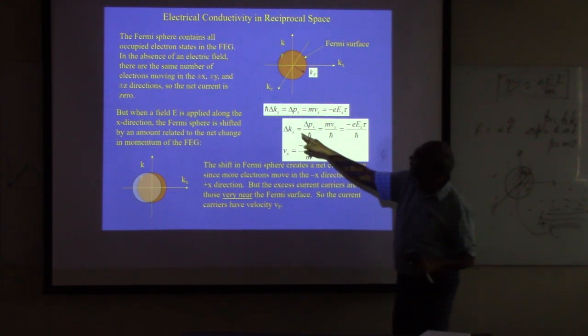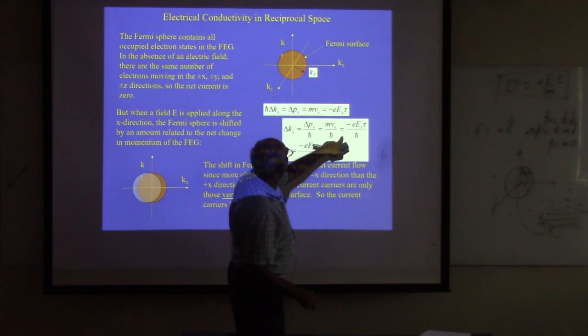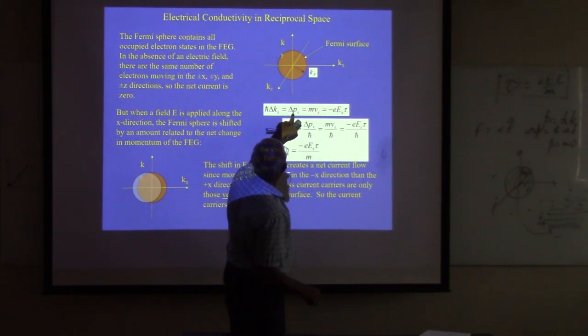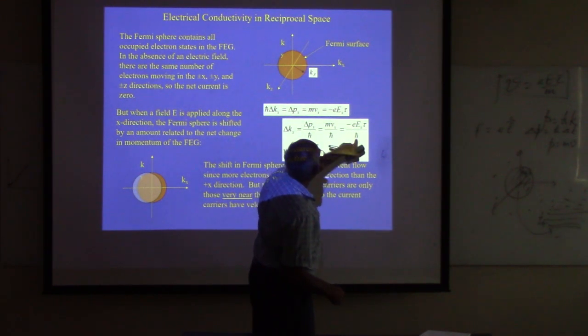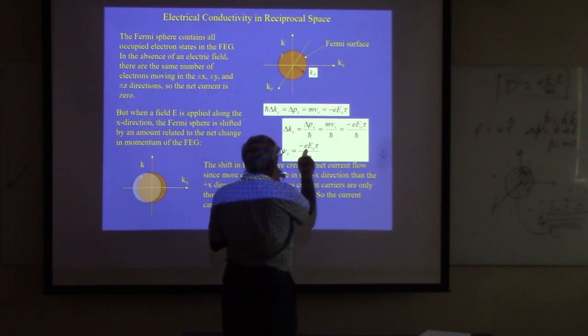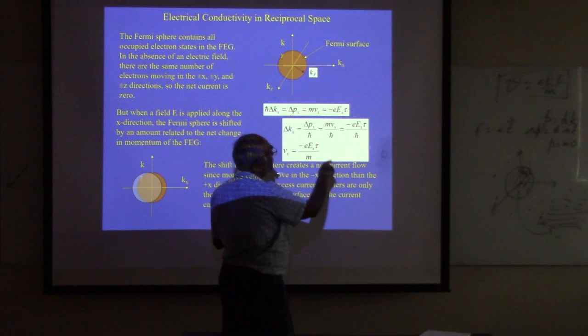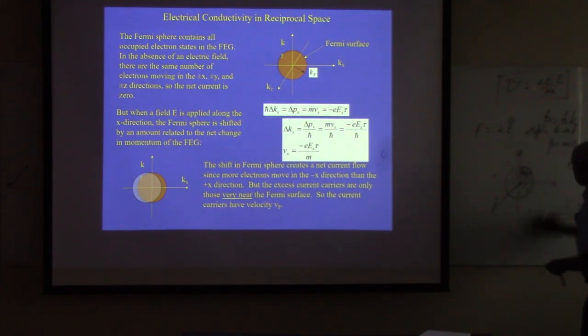So that means I can write my Δkx as this value, Δpx over ħ, that is mvx over ħ. So this is my Δkx, if you plug in this number. So what does this mean? This is the k vector, right?